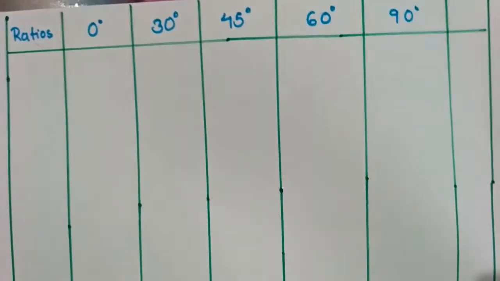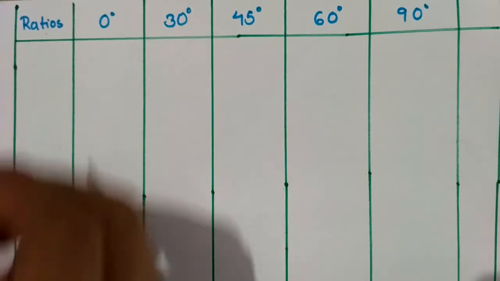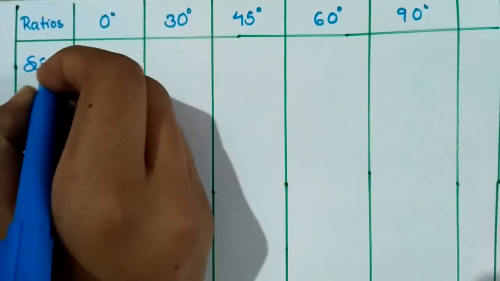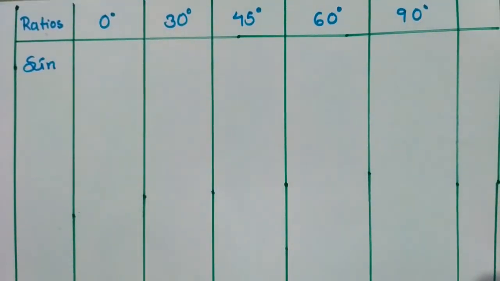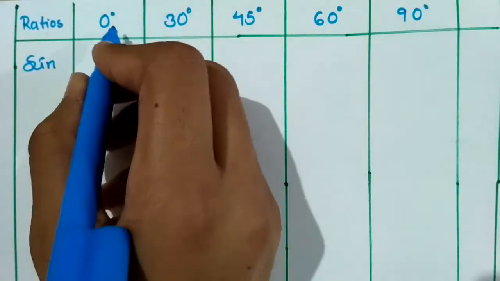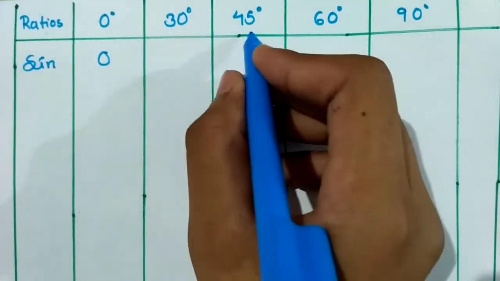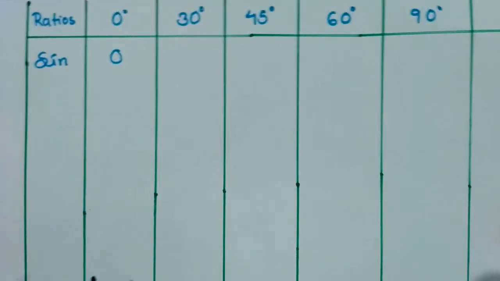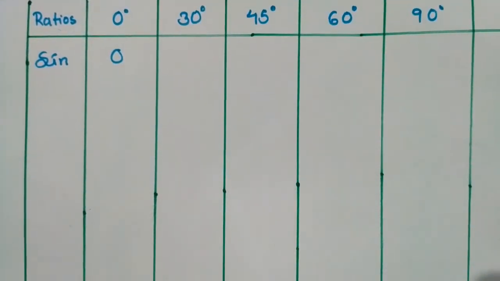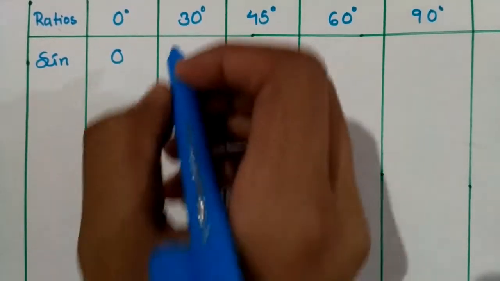Now you can see here, for sine, root over of 0 by 4 will be 0. This is for 0 degree, 30 degree, 45 degree, 60 and 90, all are different. Now root over of 1 by 4 will be 1 by 2.